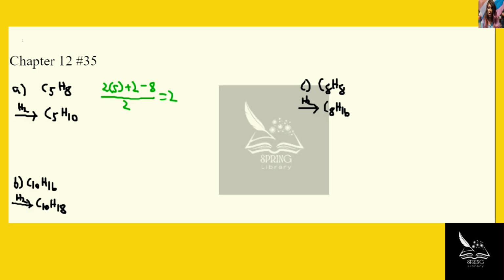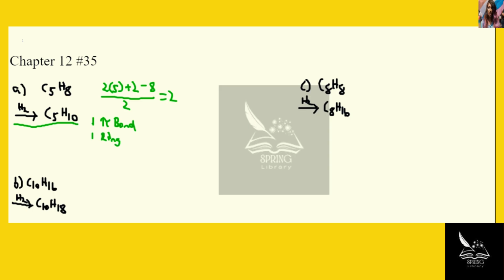So we know that we have some number of pi bonds and rings that add up to 2. When we look at the hydrogenation data here, we see that hydrogenating this adds 1 pair of hydrogens. And so we can safely say that one of these degrees of unsaturation is due to a pi bond. So this is going to be 1 pi bond and 1 ring.